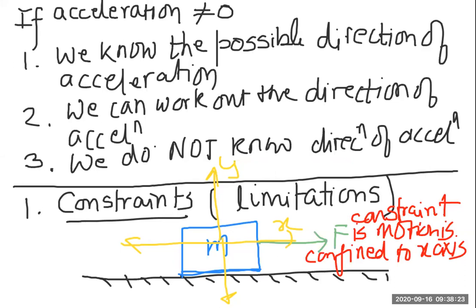Okay. The second is where we can work out the direction of acceleration. इसका क्या मतलब हुआ कि we can work out the direction of acceleration. We want a situation where we can work out the direction of acceleration.